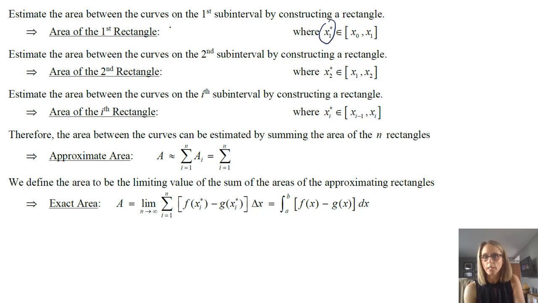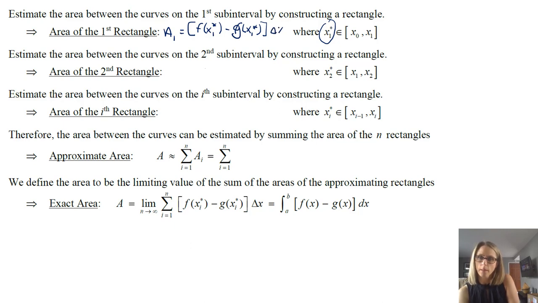It doesn't have to be left hand, right hand, or midpoint. But the area of each rectangle is just going to be the y value from one function minus the y value from the other function, call that g. It's not very exciting. And then multiplied by the delta x.